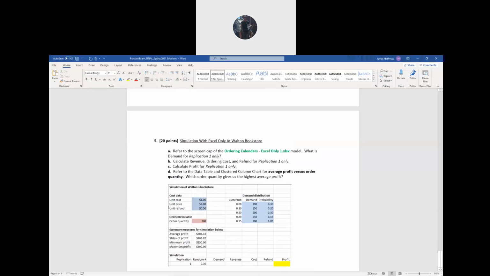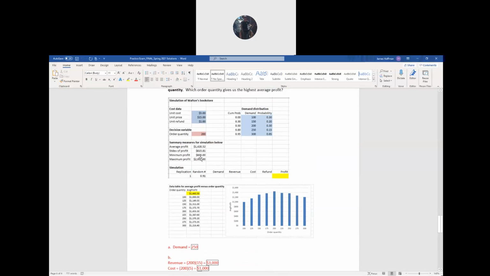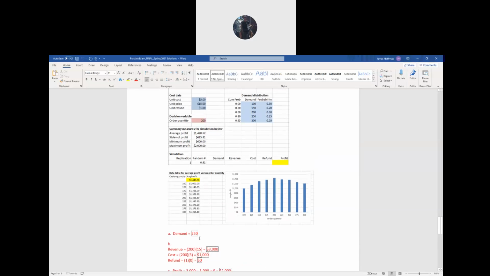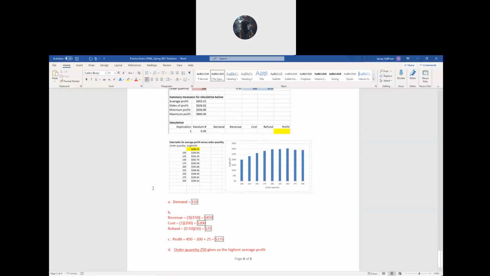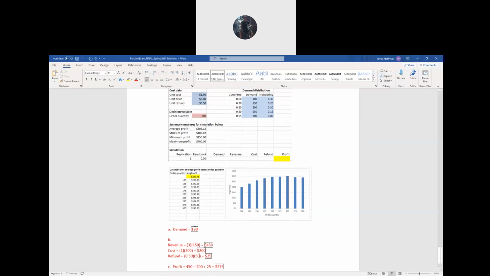Compare that to the previous one where there was no refund because order quantity was 200 and demand was 250. In that case, we didn't order too many; in fact, we didn't order enough. So if order quantity is less than demand, no refund. If order quantity is bigger than demand, you get a refund of the unit refund times the difference.